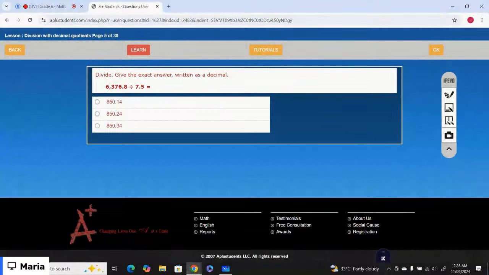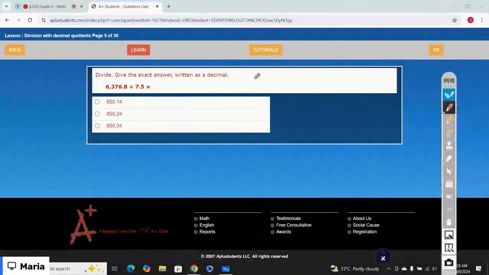So the divisor and dividend both have one decimal point, right? So they can simply cancel out their decimal places. You don't have to add the extra zeros over here.